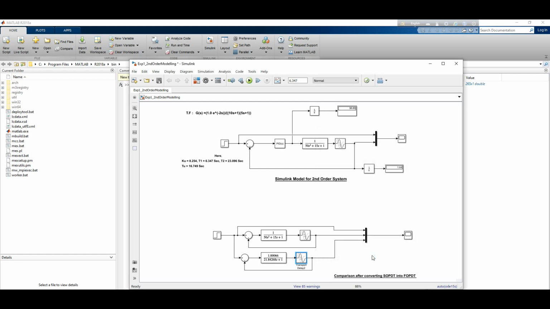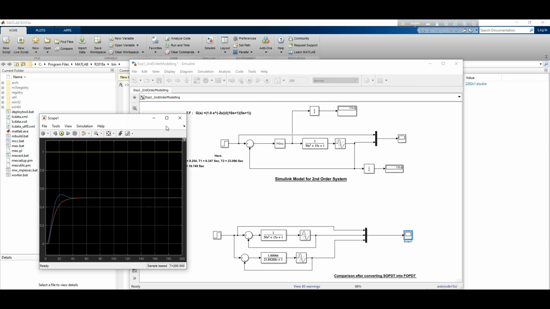So here we will now plot the Nyquist as well as the Bode plot. Here the comparison for the output we can easily observe. Let's make it 200 and run the system.